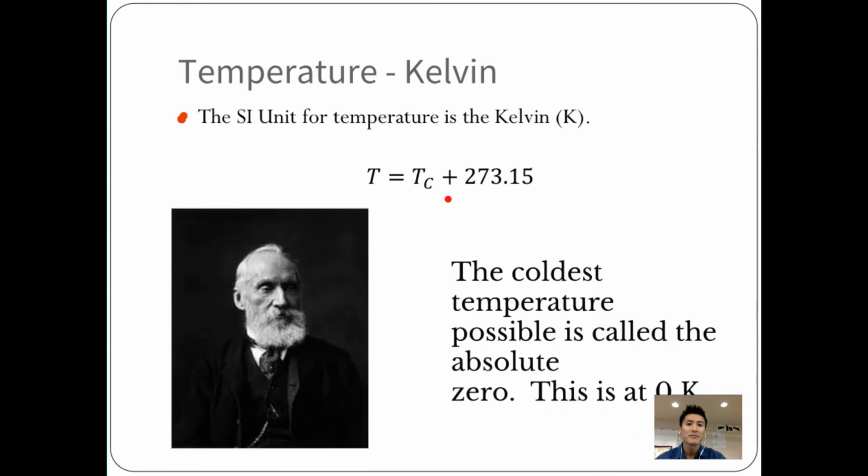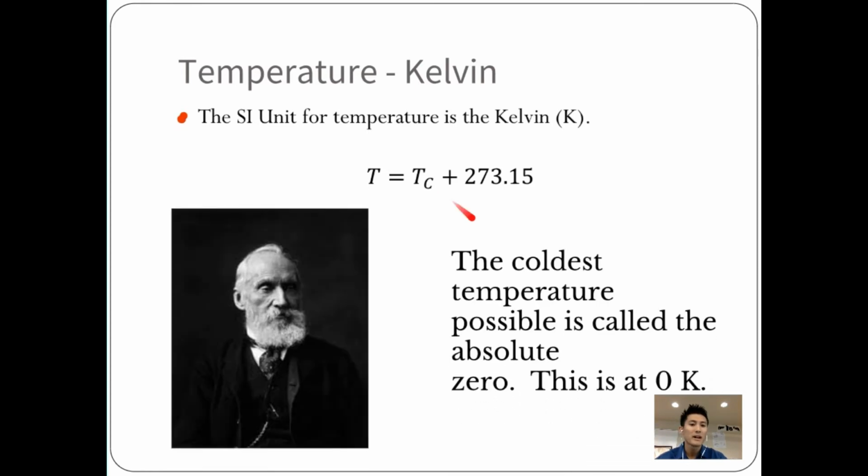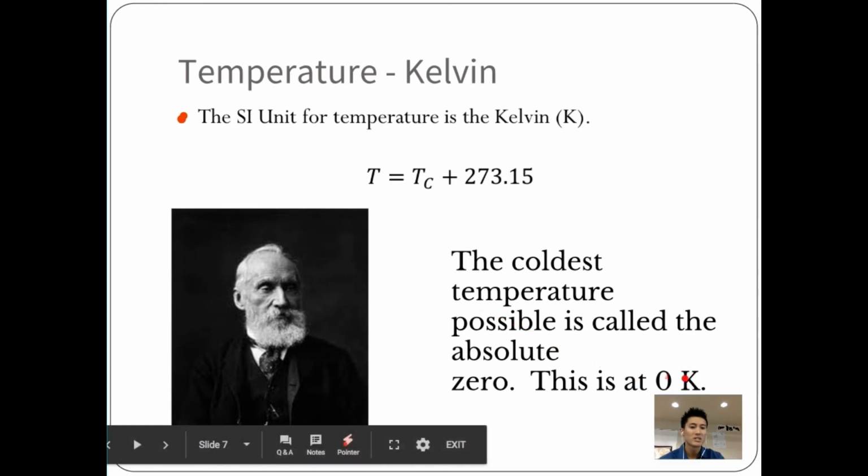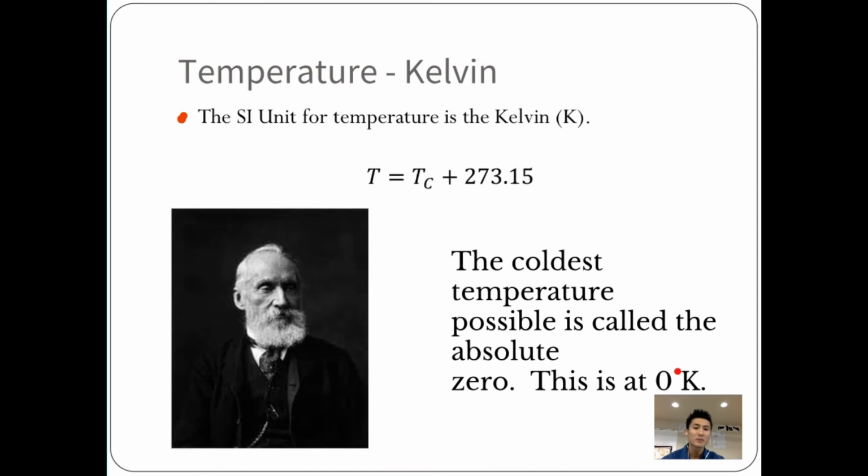Kelvin is named after Lord Kelvin, who theorized that there had to be, at some point, a coldest temperature possible, and so he called that 0 Kelvin. And today we call that absolute zero. 0 Kelvin is the coldest temperature possible because that is a point, and we're going to talk about this later, at which we have lowest entropy, where the molecules are not moving around anymore, but are just staying still and vibrating.